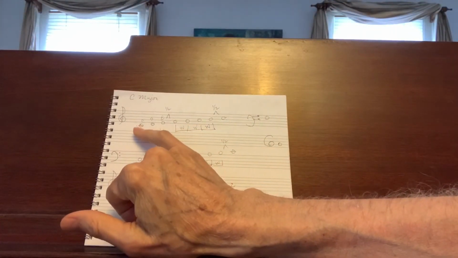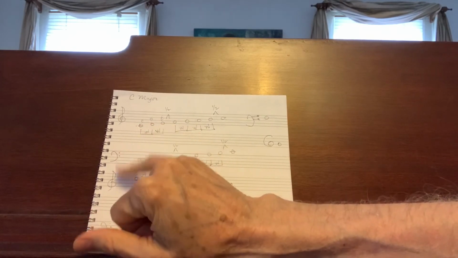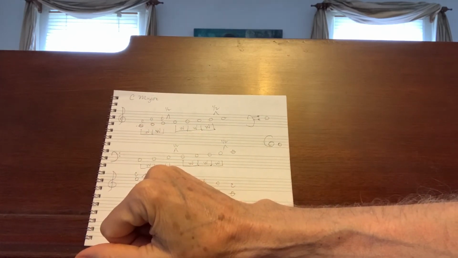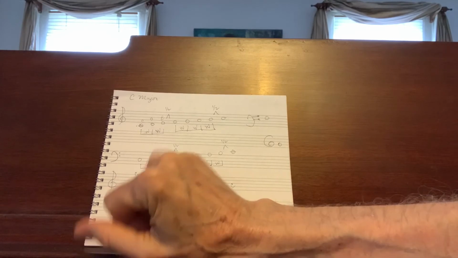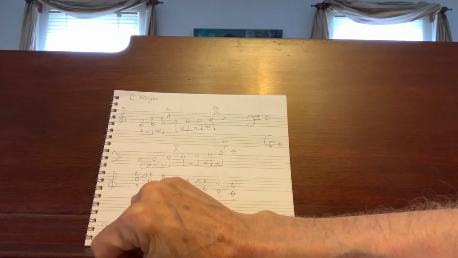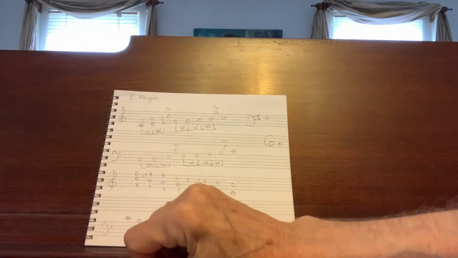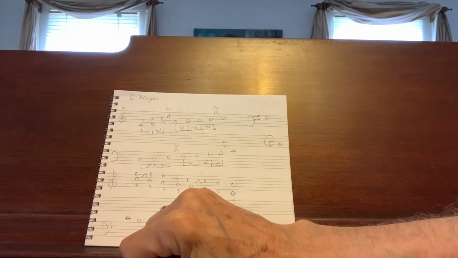And if you know what a major third is, for example, first to the third note of a major scale, C to E is a major third. Well, then I can easily figure out what a minor third is, what a diminished third is, and what an augmented third is. Same thing with any of these major intervals.